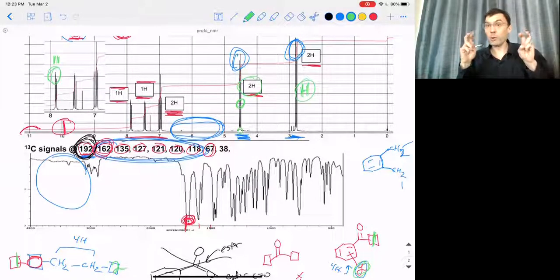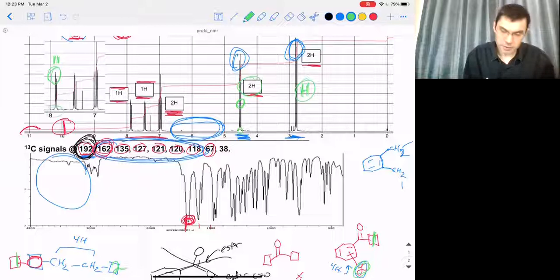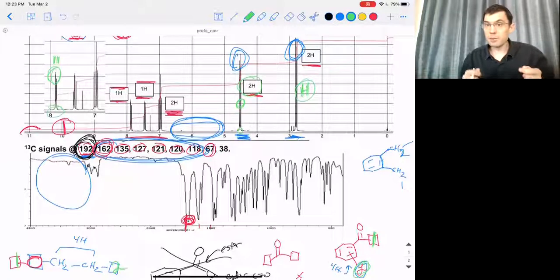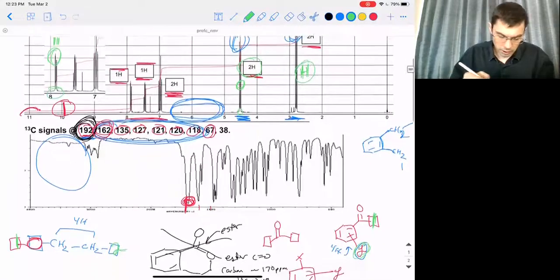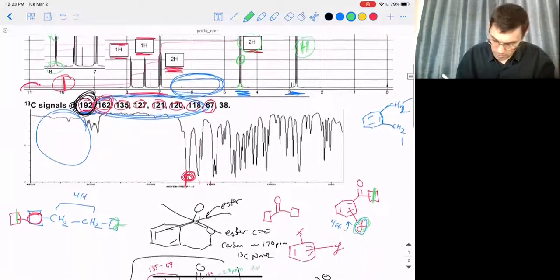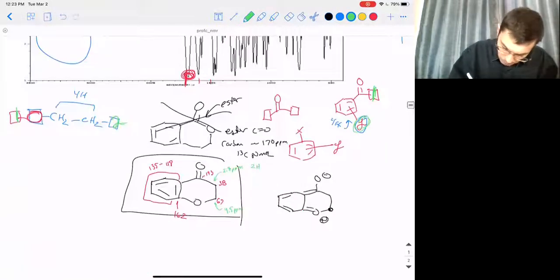And the quote, normal 7.5 hertz coupling is the ortho coupling, and that really fine kind of coupling that's even difficult to see unless you really squint at it is the meta coupling. And because the chemical shift of this resonance is dragged the furthest downfield, that's going to be the one that's going to be ortho to the carbonyl, and that makes sense because it'll have one hydrogen both ortho to and meta to it. And so we can assign that as being the one. I'm going to call it 7.8 ppm.